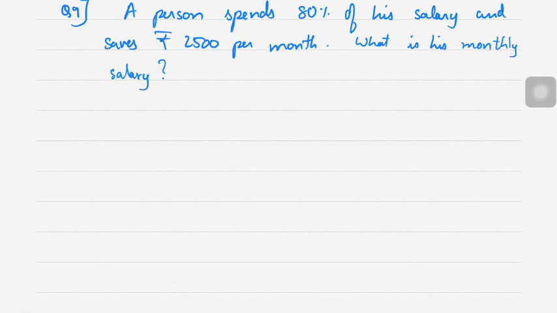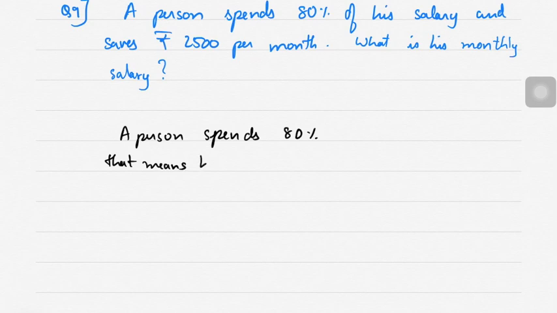So a person spends 80%. That means he saves 20%, and it is given, that means his total salary is 100%.